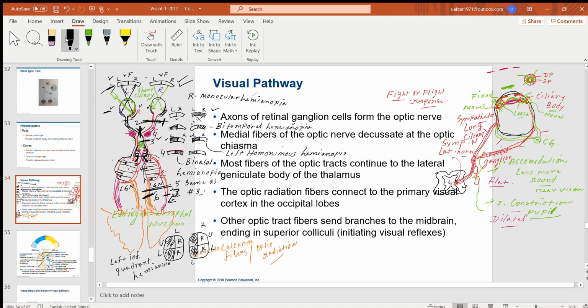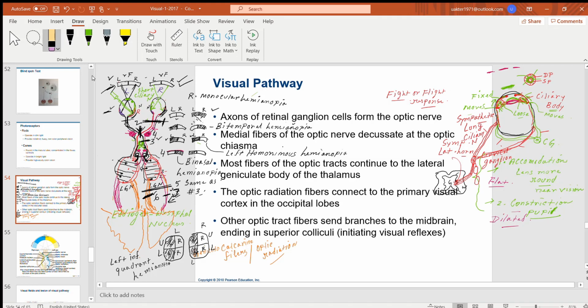Okay, so in this section you learned about the visual pathway. You have learned about the reflex response of the lens and the pupil, as well as you have learned the effect of lesion at different areas in the visual pathway.